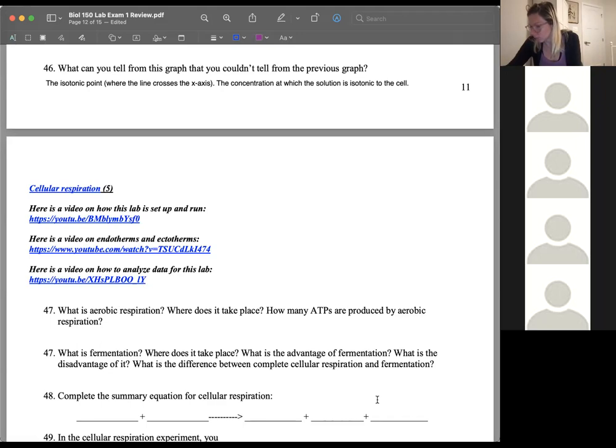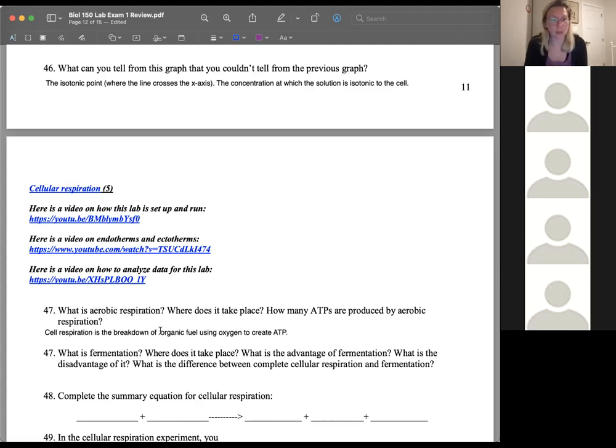Aerobic respiration is the breakdown of fuel molecules using oxygen to produce ATP. Yeah, that was an excellent answer. So cell respiration is the breakdown of organic fuel using oxygen to create ATP.